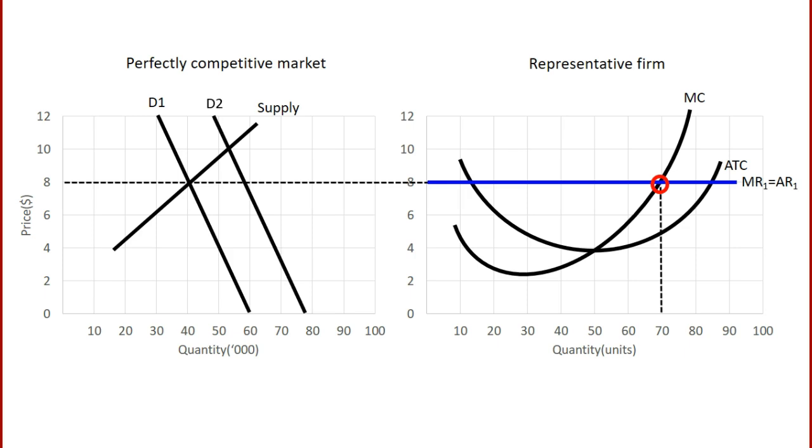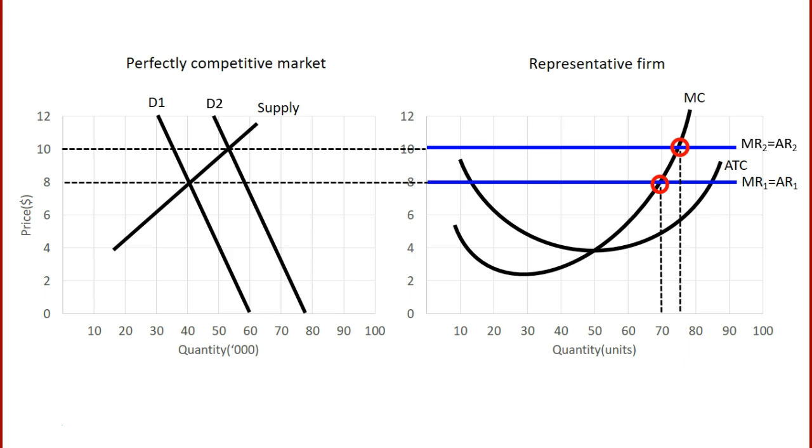So let's say the demand for the product increases, the equilibrium price rises to $10 per unit, therefore the firm's marginal and average revenue curve will rise to $10 as well. We find the optimal output for the firm, which will be where marginal revenue equals marginal cost. Here, 75.